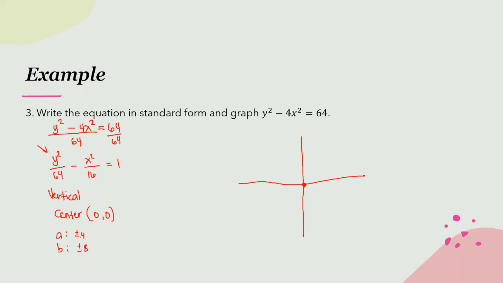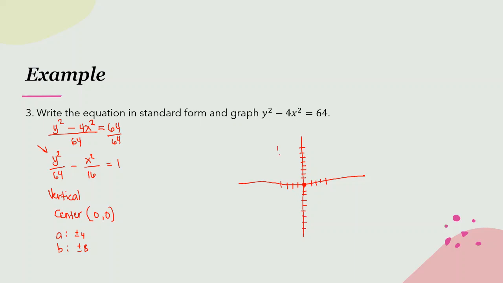So after that, we have to locate it in our graph. So we have 1, 2, 3, 4. 1, 2, 3, 4. 1, 2, 3, 4, 5, 6, 7, 8. 1, 2, 3, 4, 5, 6, 7, 8.